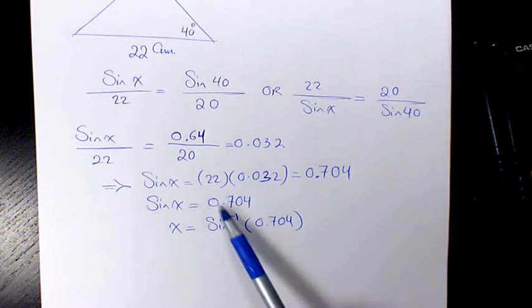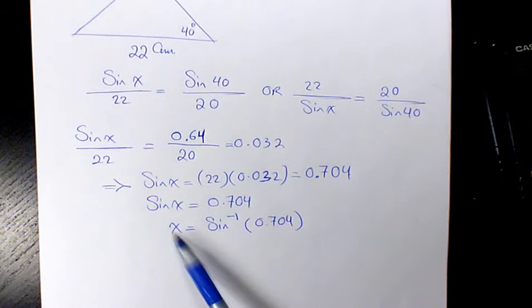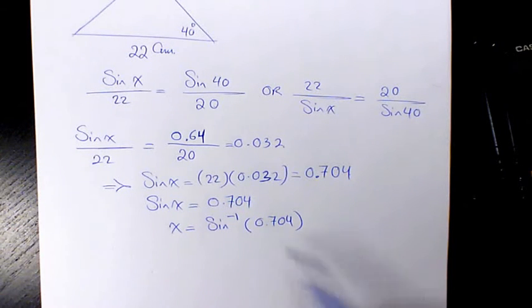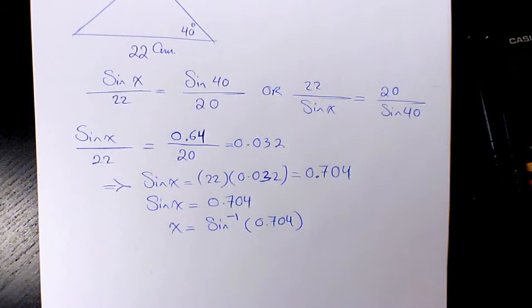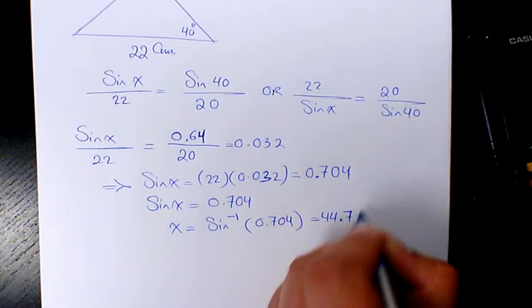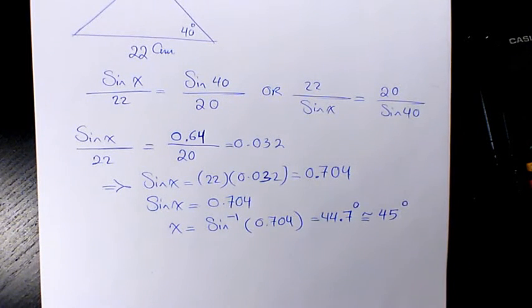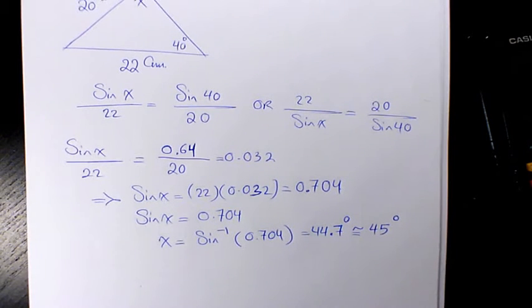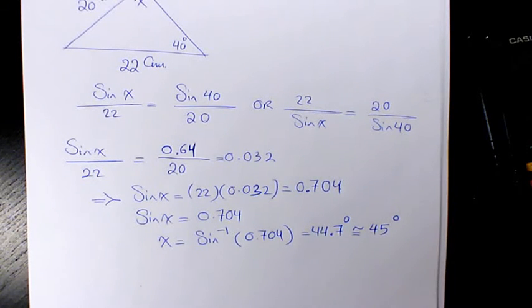Make sure your calculator is set for degrees. So it's going to be 44.7 degrees, or you can round it to 45 degrees. If you use the other method, you're going to get exactly the same answer.